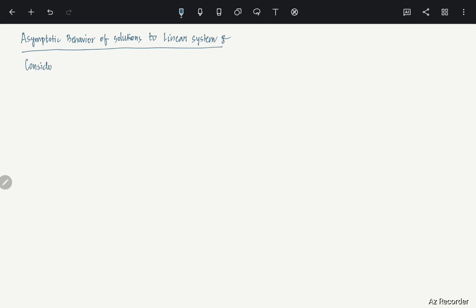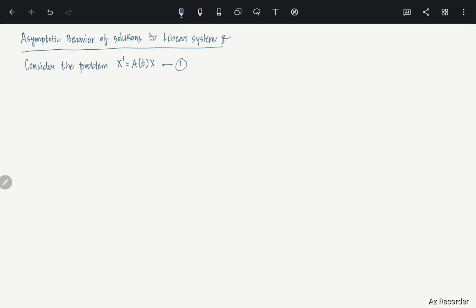Consider the linear homogeneous problem x prime equals A(t) times x. Simple equation here. But here this A is variable, right?